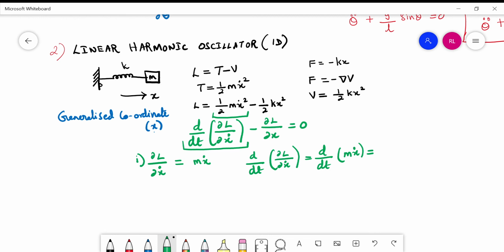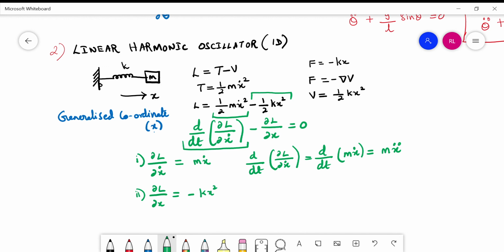So we can write this as m x double dot. And for the second term we have dou L by dou x. Once we differentiate the second part, we will be getting minus kx. Here we have minus half kx square, right?